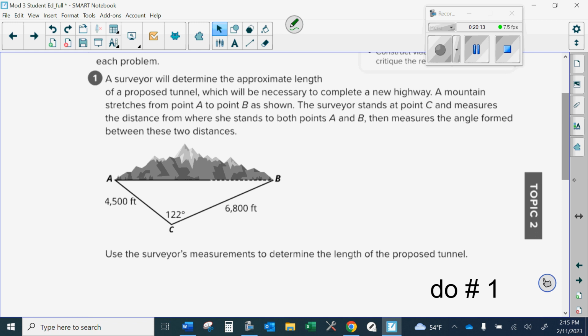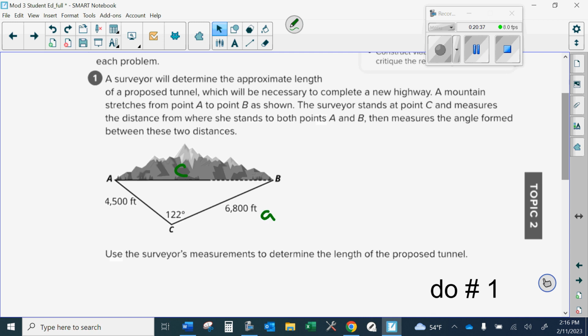So notice here I have an angle measure. I do not have its opposite side. We can call that X. But I also don't have this angle measure to go along with this side or this angle measure. So I can't be using the law of sines. I have too many unknowns. So this must be the law of cosines. Okay. So this would be little c.